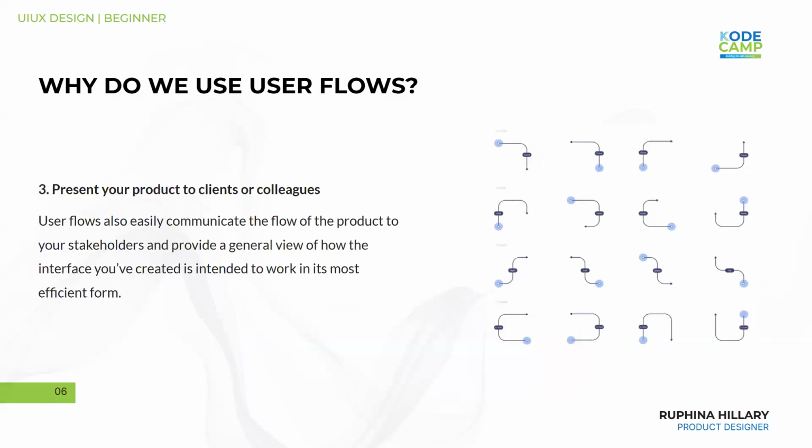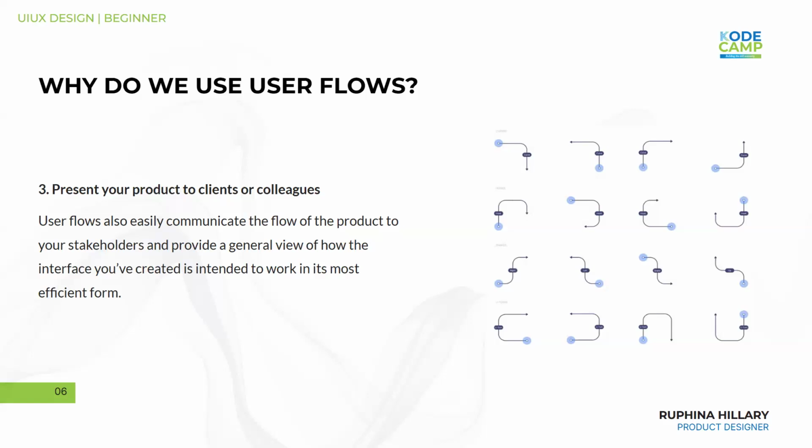The third one is to present your products to clients or colleagues. Like I've said, we've gotten an idea of a solution, and at this moment, it's in our head. It might be just words, it might just be sketches. By working in a team, we have the person that hired us to work on certain products or to cater to a certain problem.